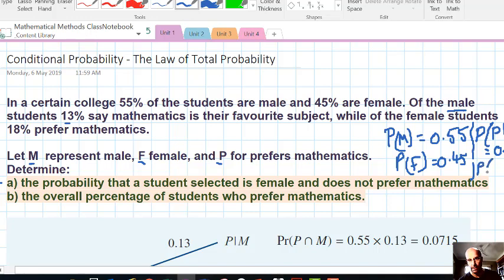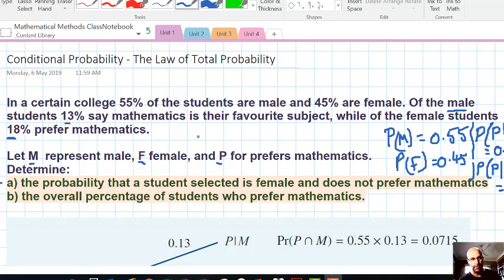Probability of the preference for maths, given that it's a female, is 0.18. So do you see that process? We need to translate the written text into maths type notation for probability.